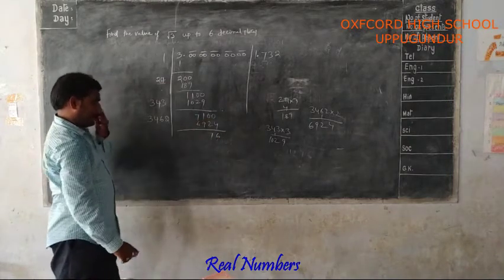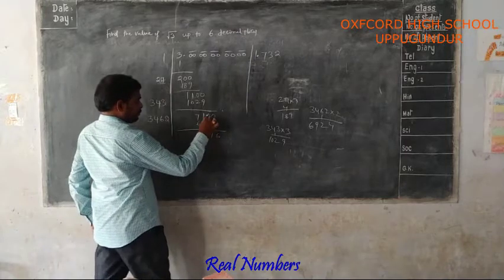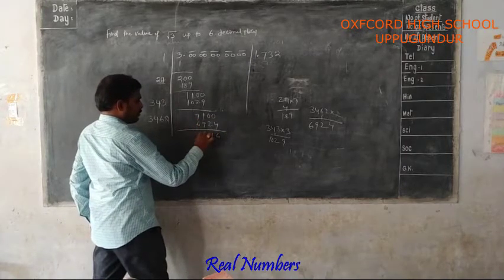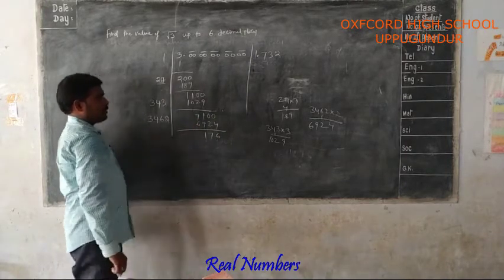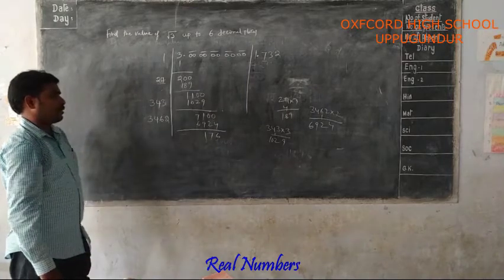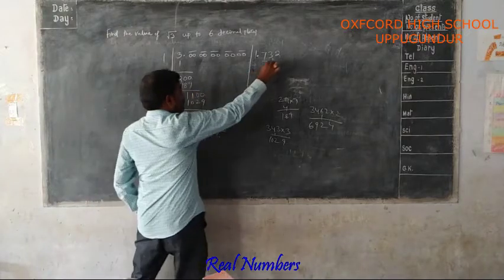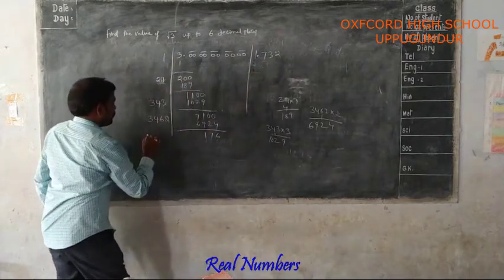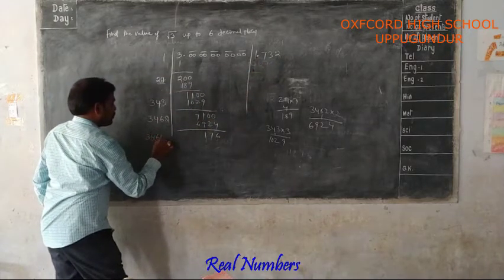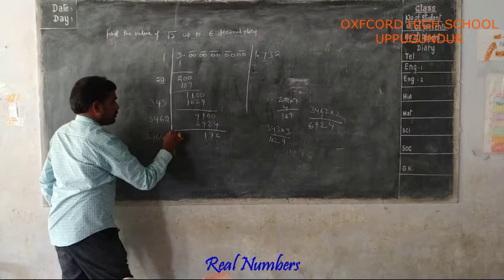Again 10 minus 9, 1. So 176. 3,462 plus 2, 3,464. That is the next divisor.